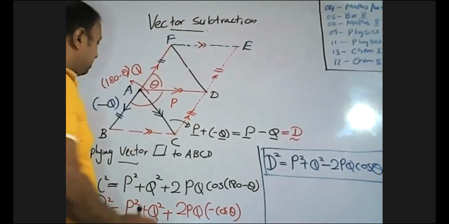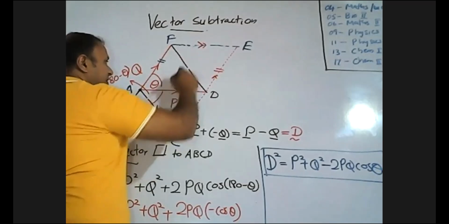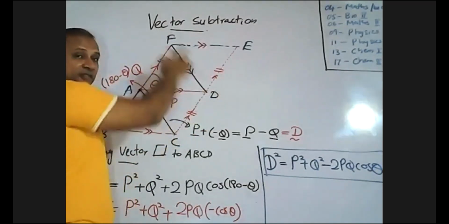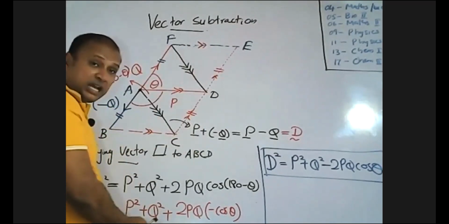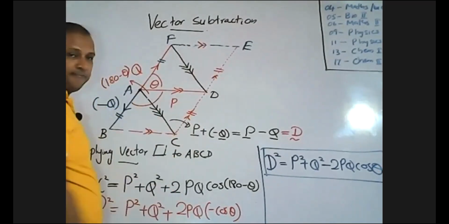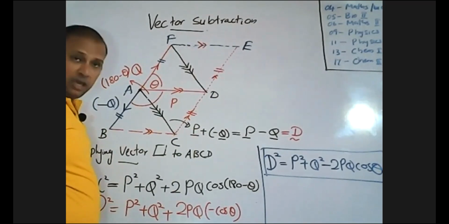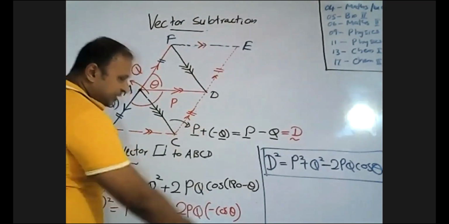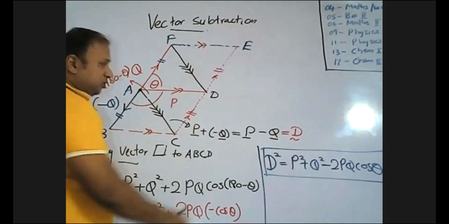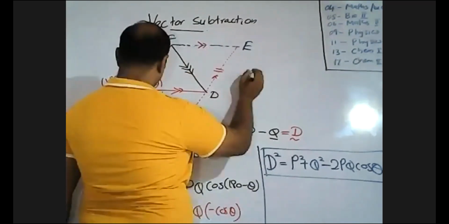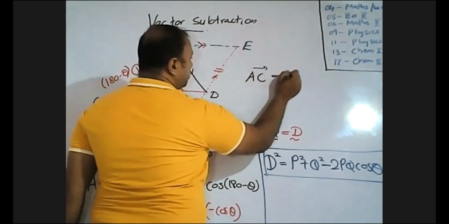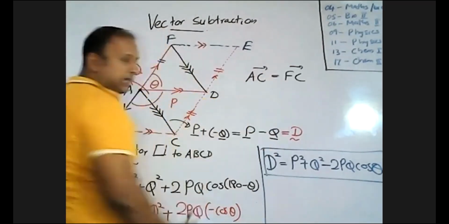Therefore, FD is an equal vector to AC. After writing this, AC vector is equal to FD vector.